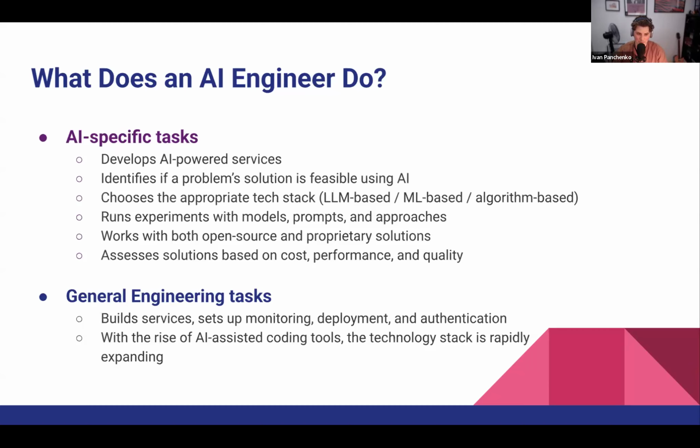And the second part, which is also very important, is general engineering tasks, because an AI engineer is an engineer and doesn't just use large language models, but needs to wrap them into some kind of a server or a service that everyone can use.